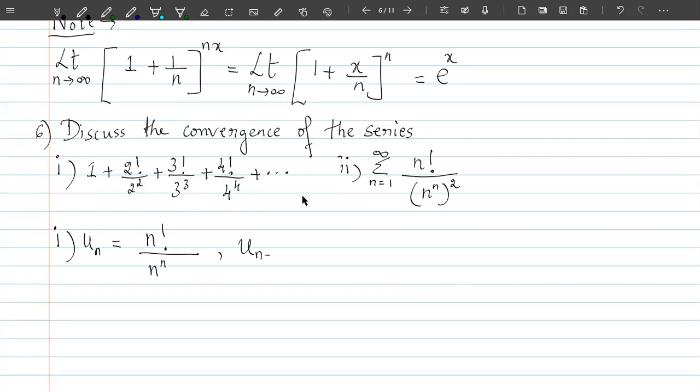And what will be un+1? Un+1 must be (n+1)! divided by (n+1)^(n+1).